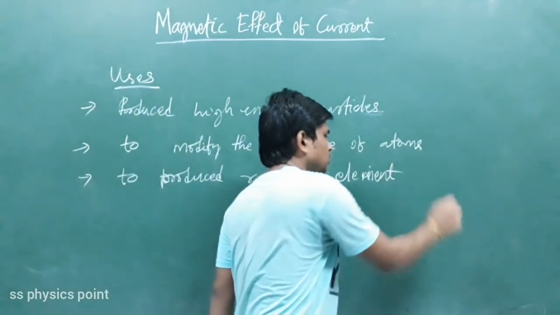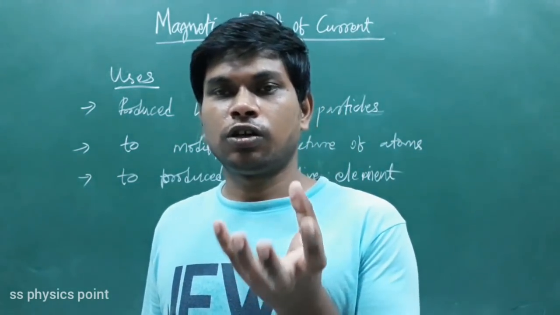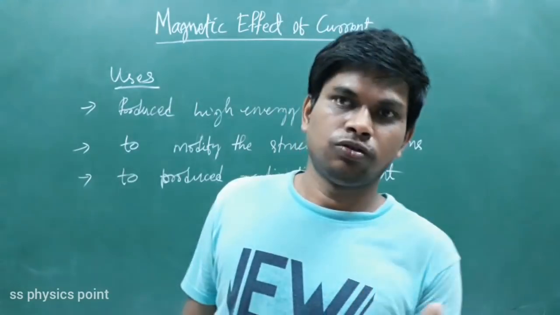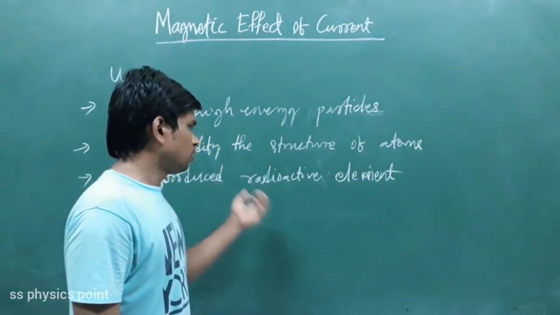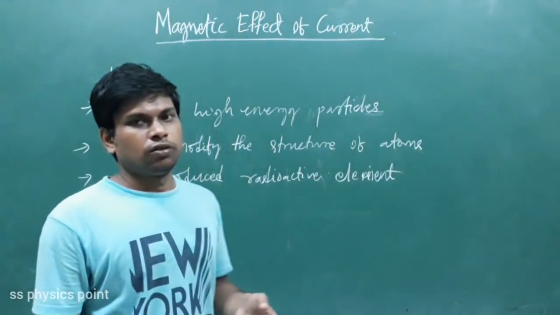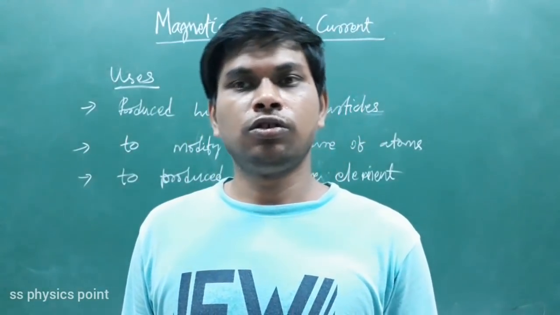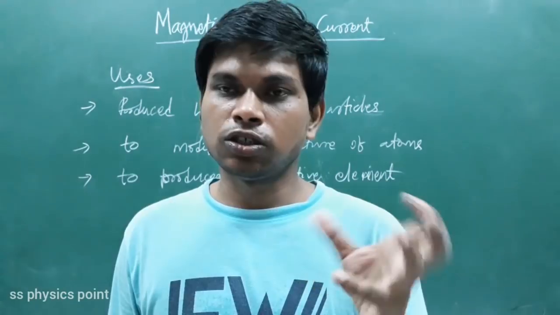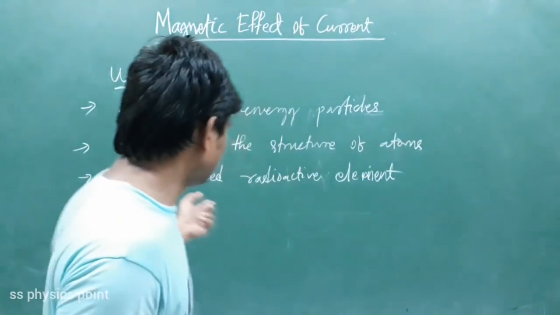Radioactive elements give radioactive waves, alpha ray, beta ray, gamma ray. That kind of elements are also produced by the cyclotron, because you will modify the structure. Radioactive elements can be produced, and they are used also.